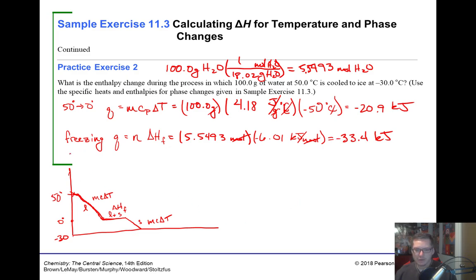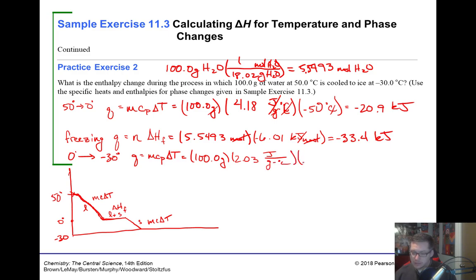And then last step, we're going from 0 degrees to negative 30 degrees. So we'll use our mCp again. Q is equal to mCp delta T. Our mass of water is still 100.0 grams, and our Cp of ice is 2.03 joules per gram degree Celsius.